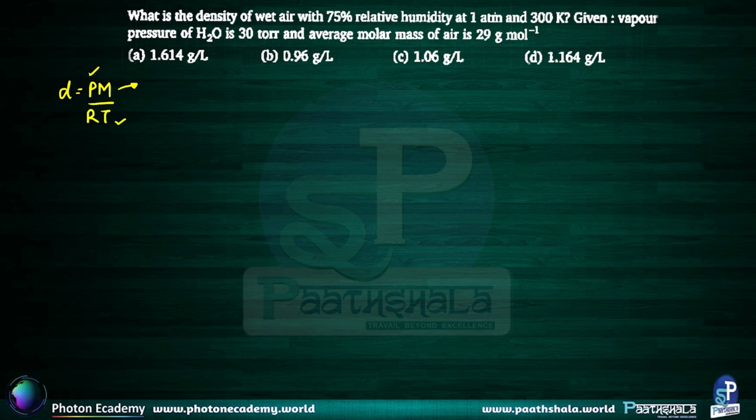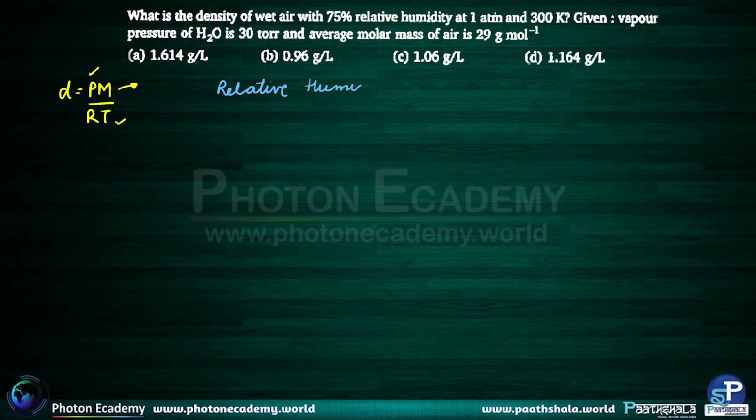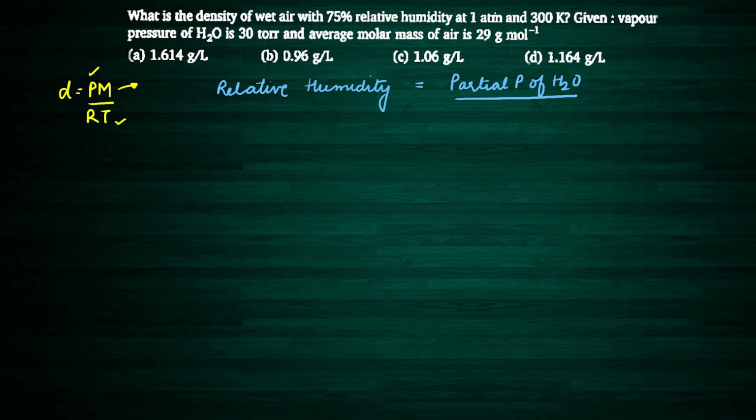Another thing which we have been provided with is the relative humidity. According to the definition, relative humidity is basically the partial pressure of water divided by the vapor pressure of water, times 100.